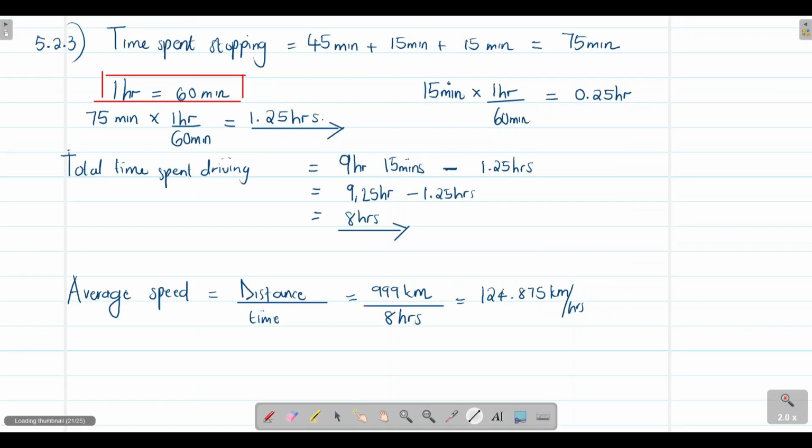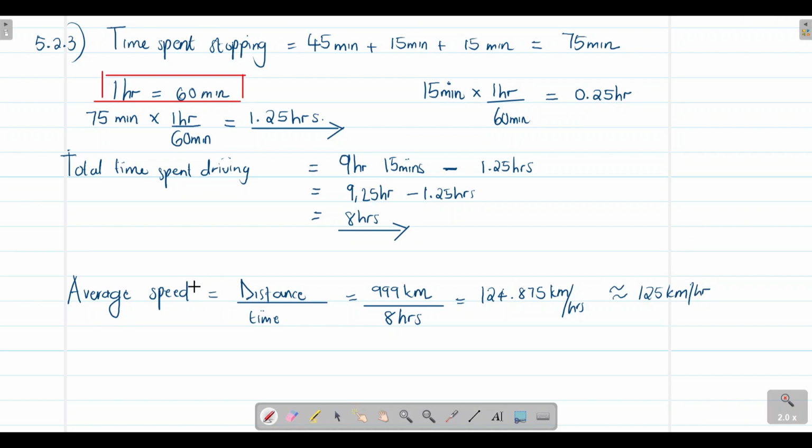The answer that we've obtained tells us that Coach Maxwell didn't keep to the maximum speed limit, because the maximum speed limit is 120 kilometers per hour, but he traveled on national roads at an average speed of 124.875 kilometers per hour. If we round that off to the nearest kilometer per hour, we'll find that he actually traveled at 125 kilometers per hour.